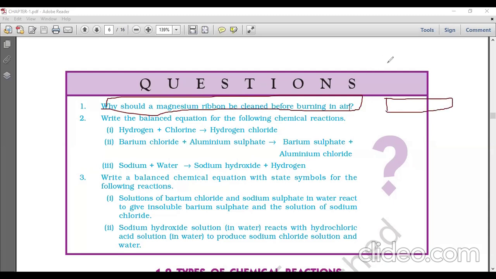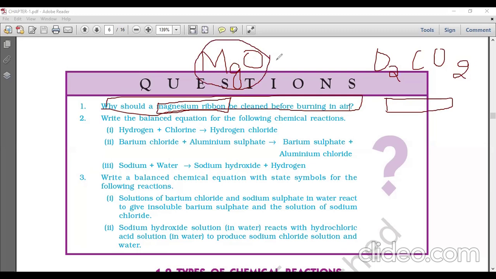When it is exposed to oxygen and carbon dioxide, a layer of magnesium oxide, MgO, and magnesium carbonate forms on the ribbon. The ribbon actually looks silver-white and shiny, but when exposed to oxygen and carbon dioxide, its color becomes dull or dark, black, because of the layer of magnesium oxide or magnesium carbonate.